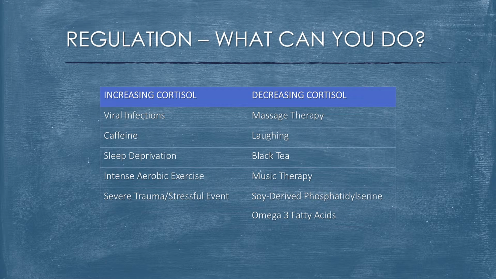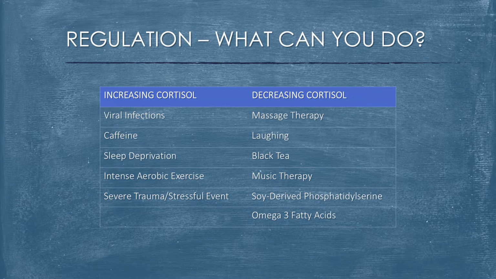But there are many easy ways to decrease cortisol levels as well. And essentially, this category is also telling you how to decrease your stress levels. Something you can do to decrease your stress levels and decrease cortisol is have massage therapy, or music therapy.